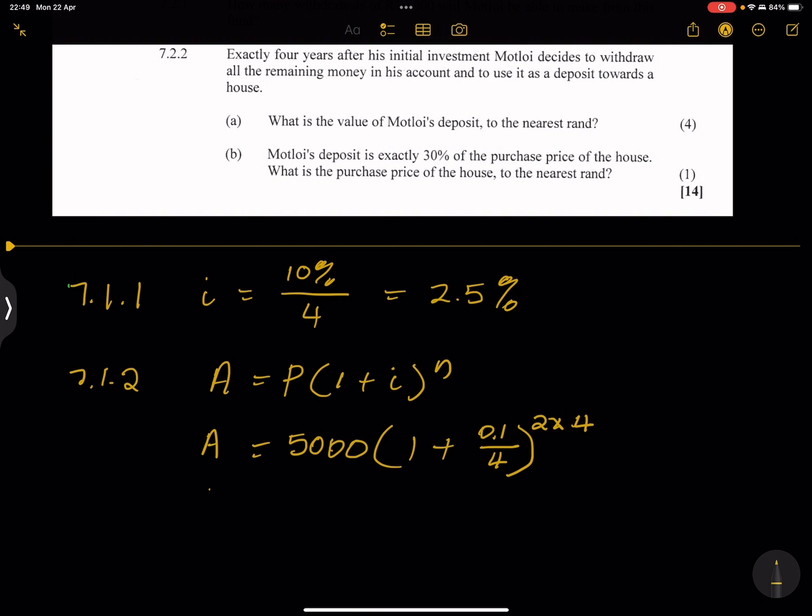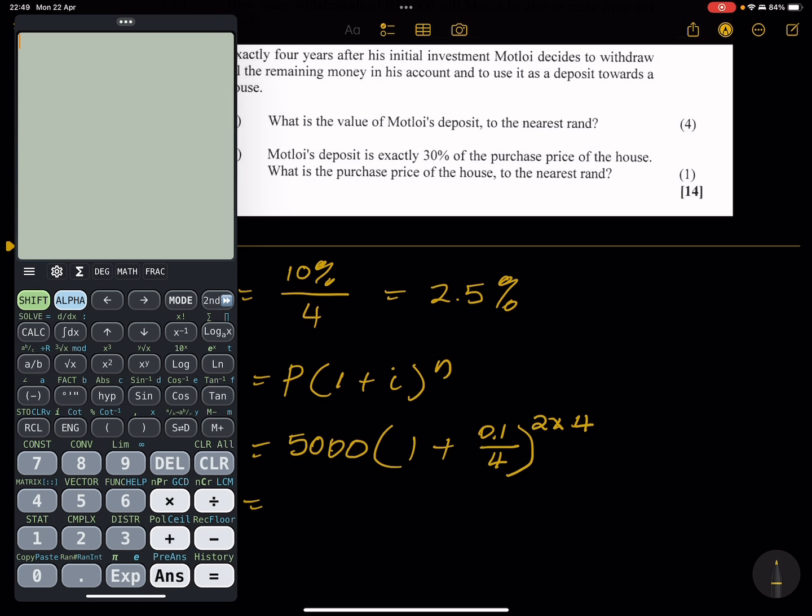Right, so let's find out what the accumulated amount will be. Okay, so we've got 5,000 into 1 plus, so that will be 0.1 over 4. Okay, and that gives us to the power of 2 times 4, and there we have it.